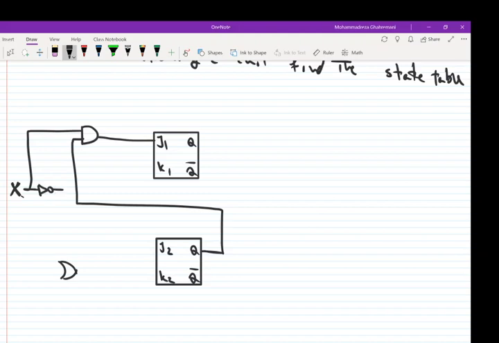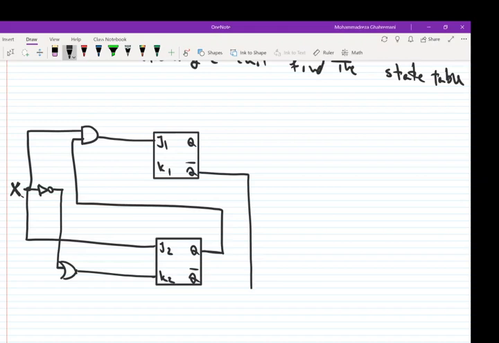Let's just invert the X in case we need it. J2 also is connected to X, and J2 is connected to the OR gate, and the first input of the OR gate is connected to X bar, and the second input of the OR gate is connected to the Q bar of the first flip-flop.